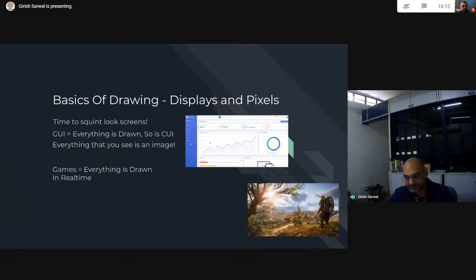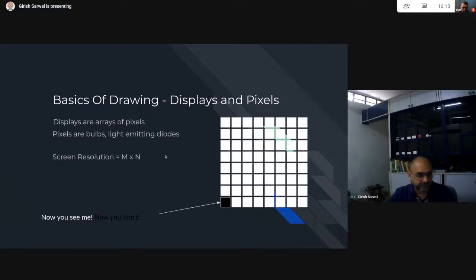That's one basic change in thought process that we have to accept when we start writing for games. With games, everything essentially is drawn in real time. So you're always drawing, you're always calculating, and you keep on doing this in a loop. And that was the premise of our second assumption that we made when we started.